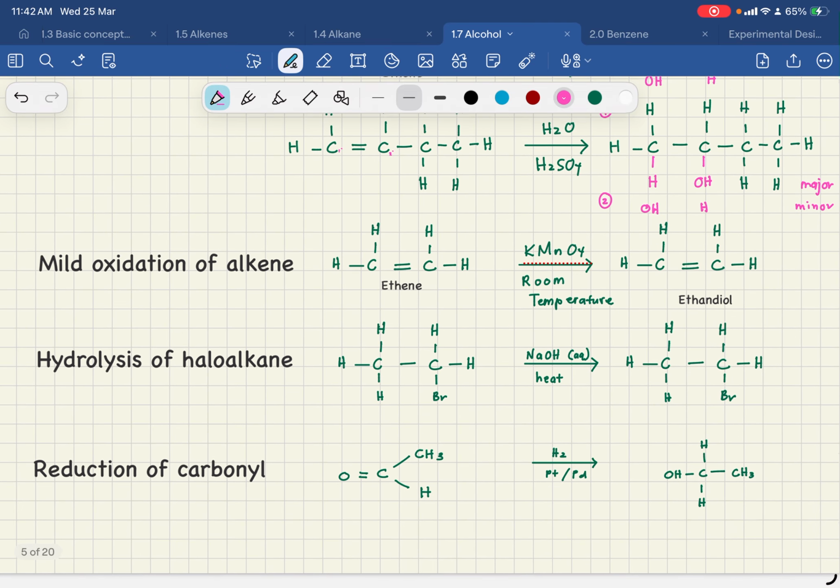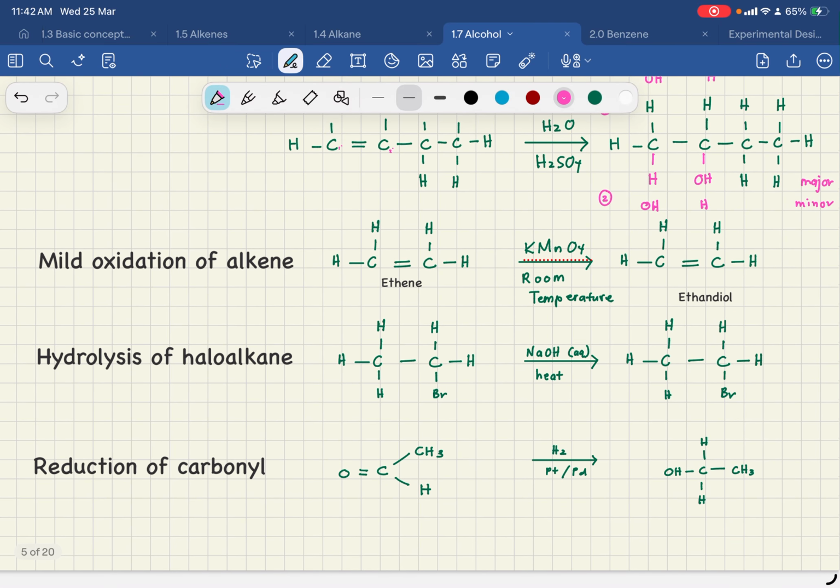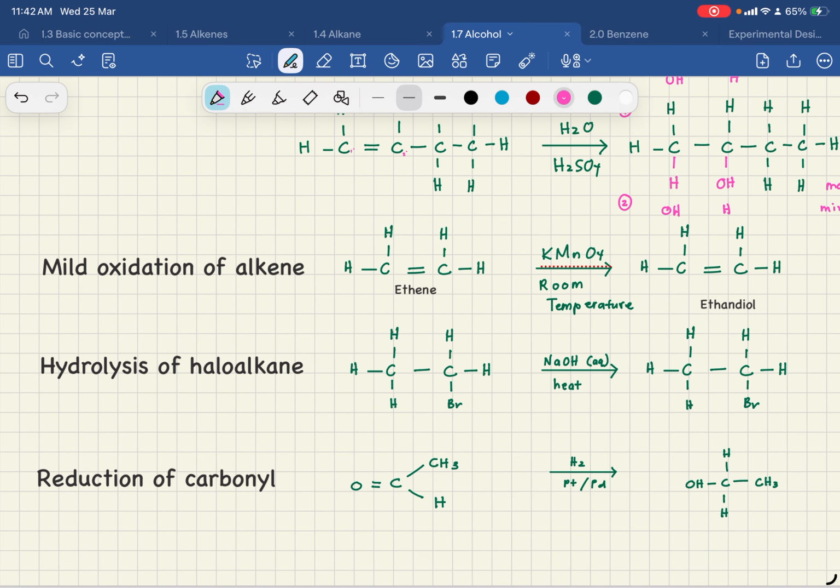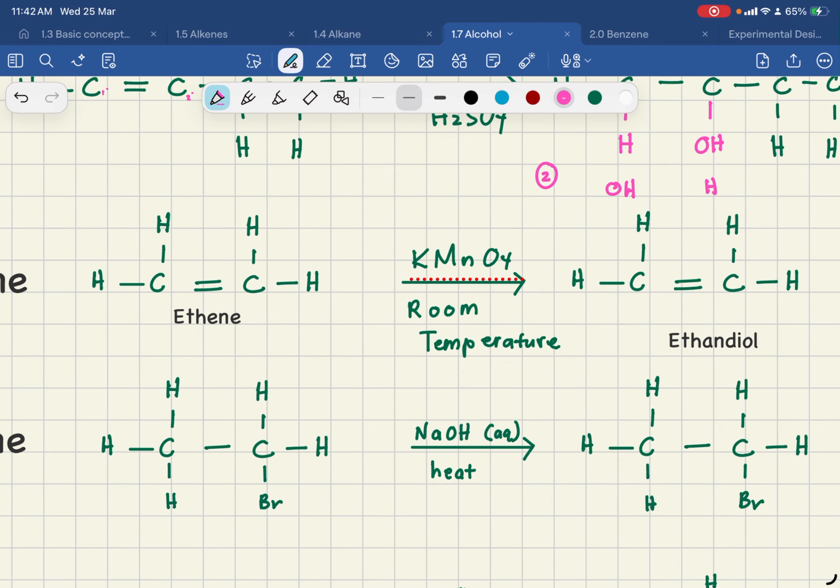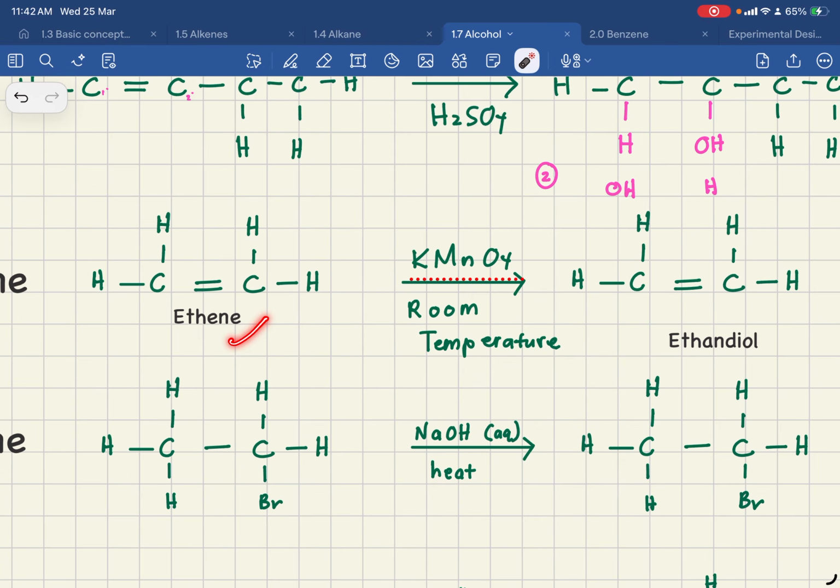The second way we can produce alcohol is by mild oxidation of alkene. If you remember from alkene, strong oxidation gives carboxylic acid or ketone. But mild oxidation is oxidation done at room temperature. You use ethene as your starter, and KMnO4, potassium permanganate, at room temperature.